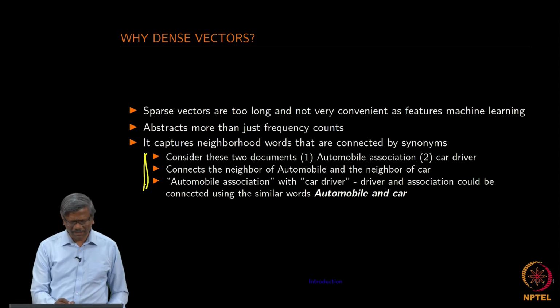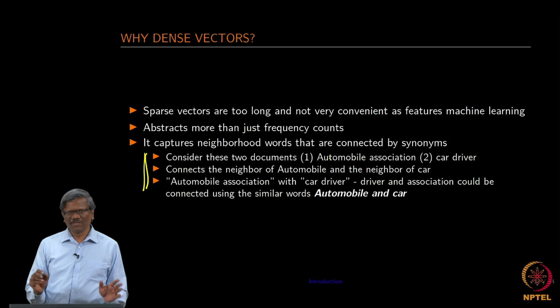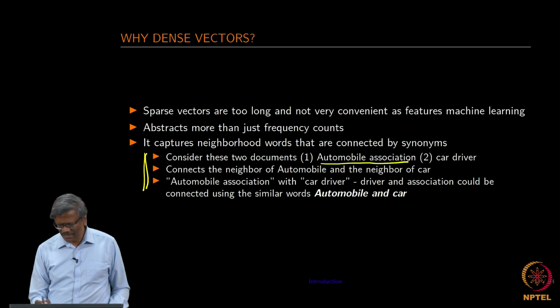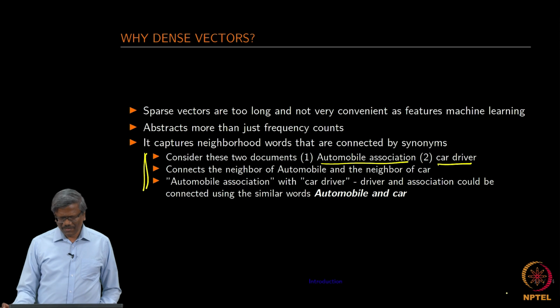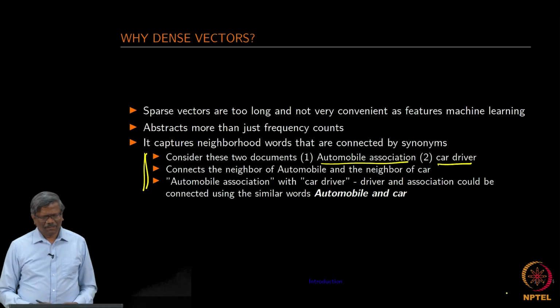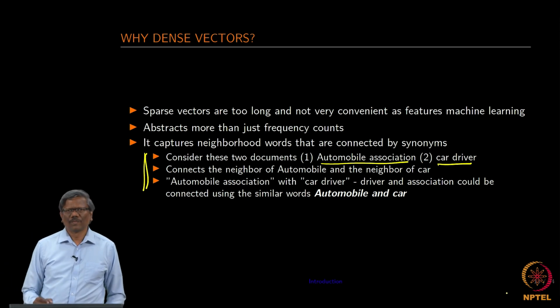So, for example, if you have two documents, assuming that only these 4 words, the first document contains automobile association and the second one is car driver. So, these are the 2 documents that we are looking at. Is it possible for me to connect these 2 documents in certain fashion?